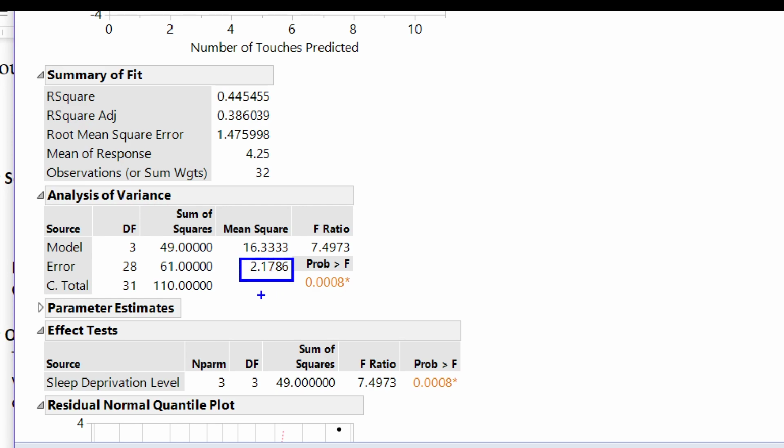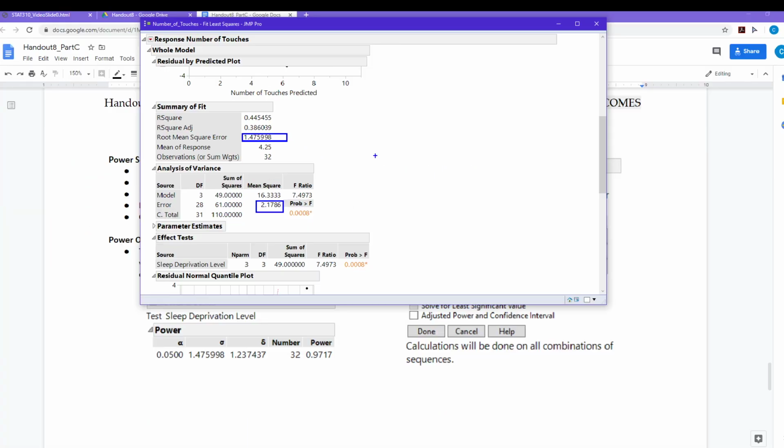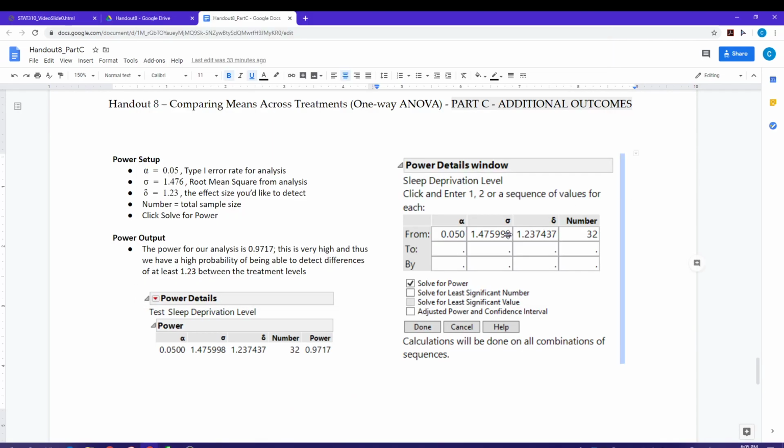We talked a lot about that in handout 7, I think it was. So the square root of that is just this 1.475 here. So again, the root mean square error is just the average residual value, and that's needed here when we do our power calculations.